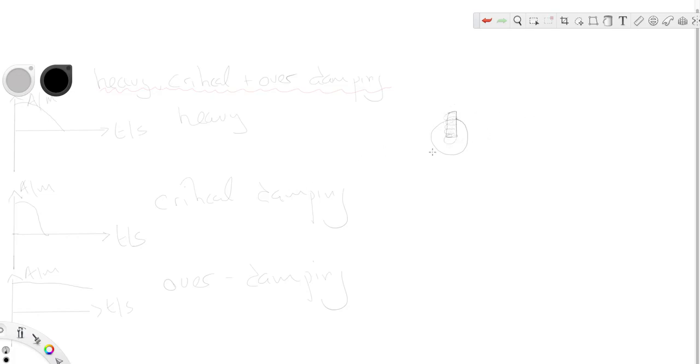And if the damping is too heavy, then when your wheel comes off the road, it takes quite a long time to come back down onto the road, which isn't what you want.